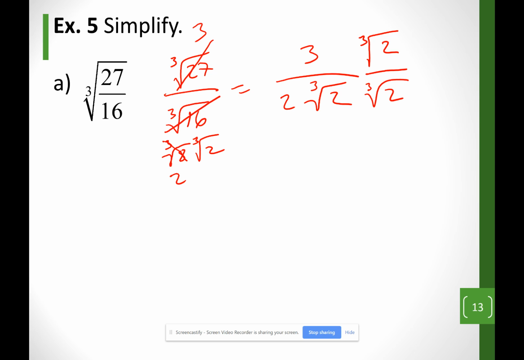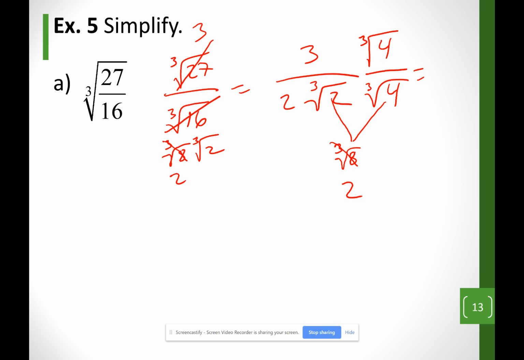So instead of the cube root of 2, let me go with the cube root of 4. I'm trying to make the bottom a cube root that cancels out the radical sign. When I look at those, I see the cube root of 8 at the bottom. This at the bottom is the cube root of 8, which is better known as 2.